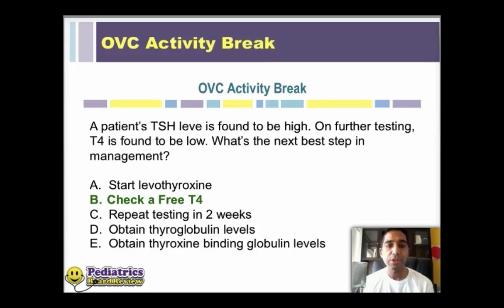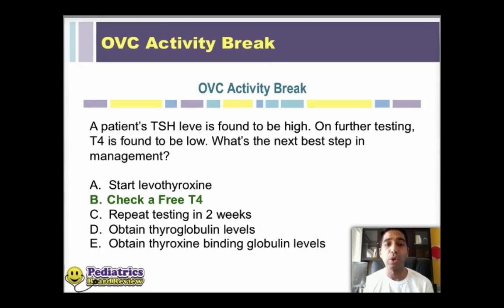All right, and the answer is B, check for a free T4. In this situation, your patient has a TSH level that's found to be extremely high, but on further testing, the T4 is found to be low. Now this is suggestive of hypothyroidism because of the low T4 and the elevated TSH.